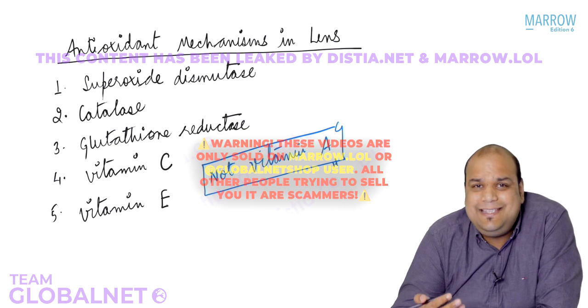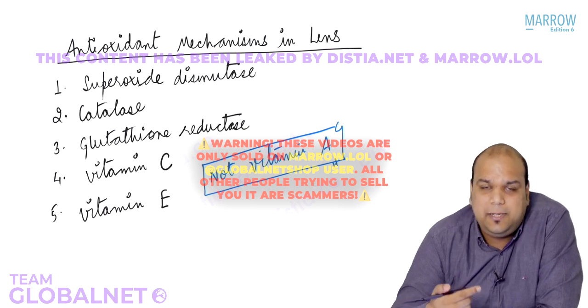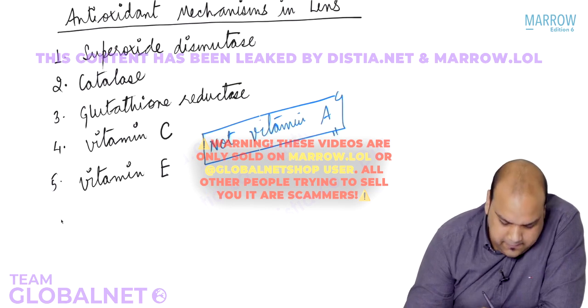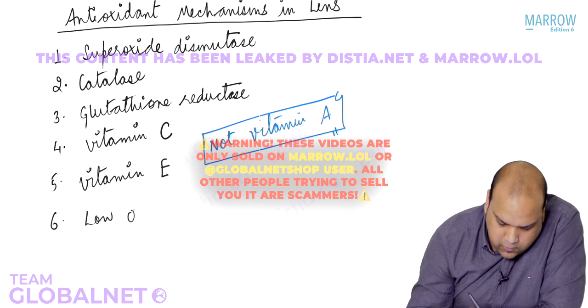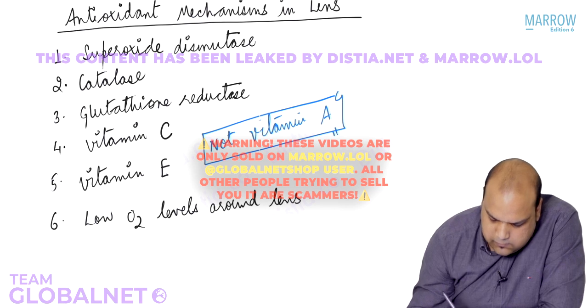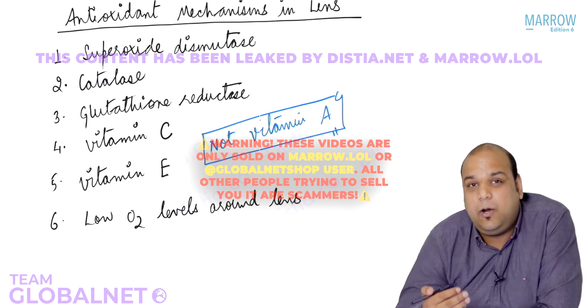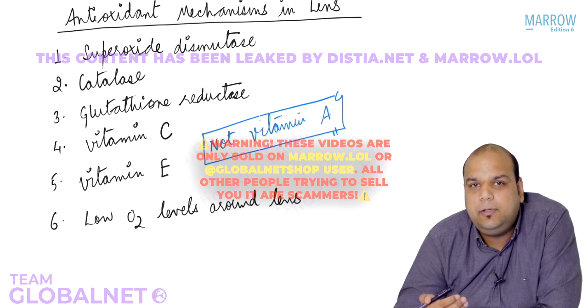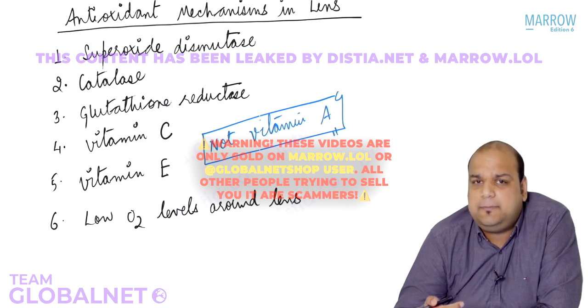So vitamin A, C, E are antioxidants, but A is not an antioxidant for the lens. Lastly, everybody, low oxygen levels around lens. Low oxygen levels around the lens also contribute to its antioxidant mechanism.